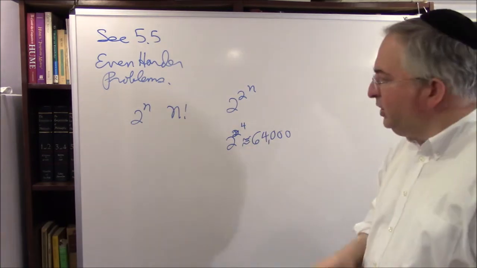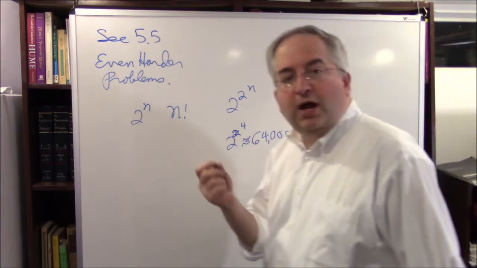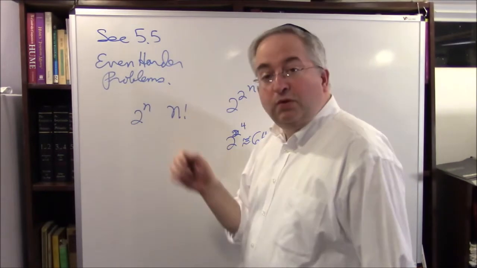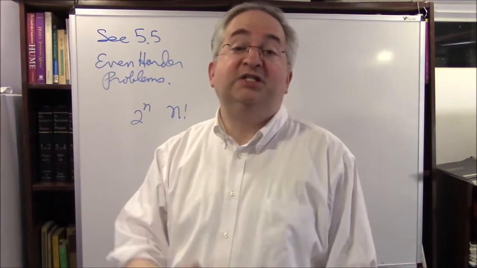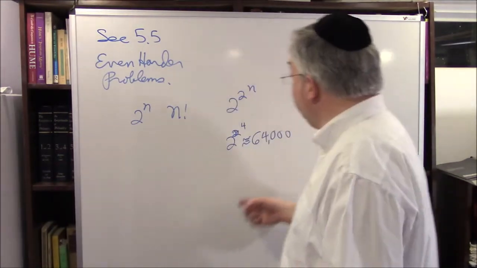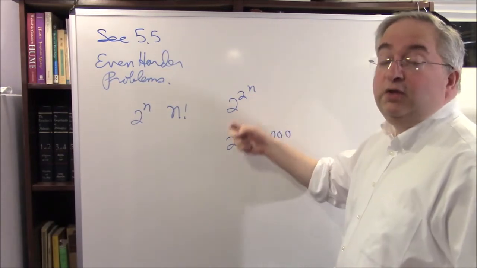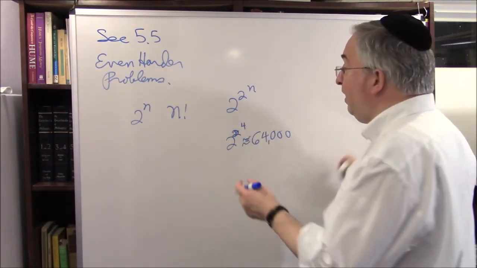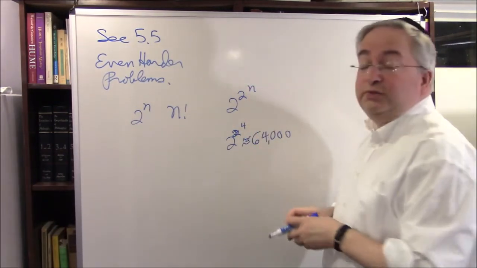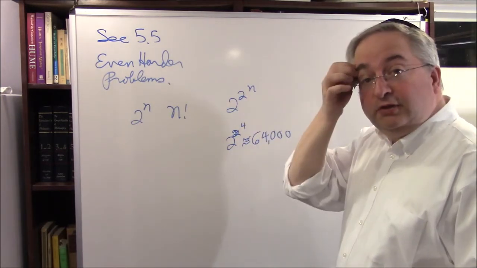That's humongous. So we talked about problems like this and like this, where if we plug in 100, it's unbelievable. Well, if you plug in just 4 over here, you already get large numbers. God forbid if you plug in 100 here, it would just be mind-bogglingly large.